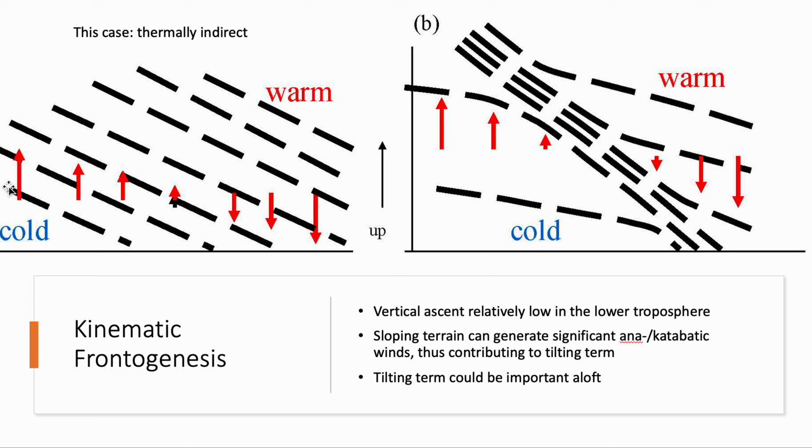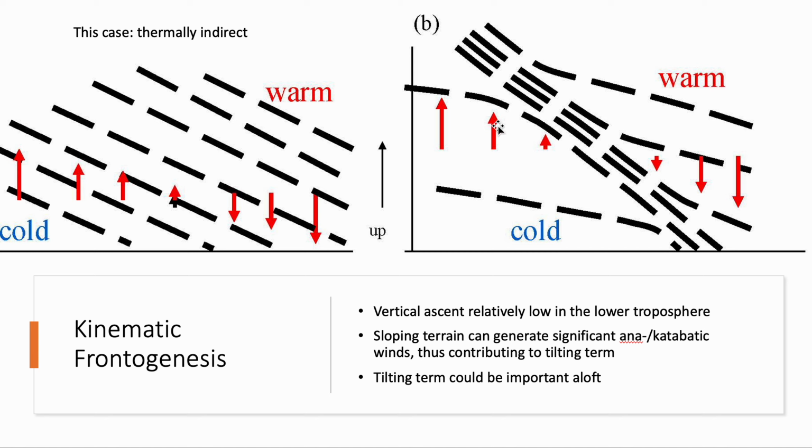But there are cases in which thermally indirect circulations could happen. This could be the case, for example, if there's significant topography, or this situation is also observed in the exit region of a jet streak, and in that case you have differential vertical advection of isentrope fields, and that leads precisely to this situation.